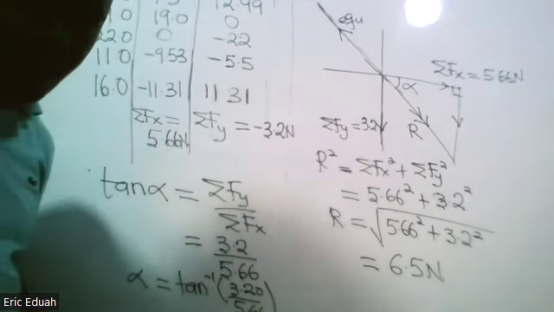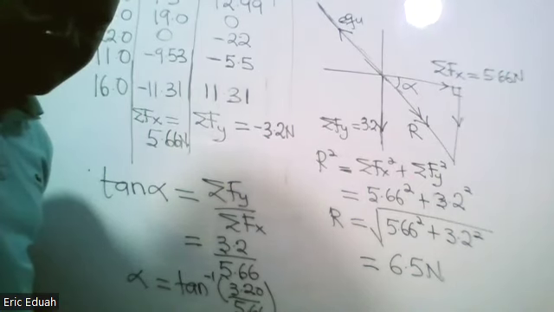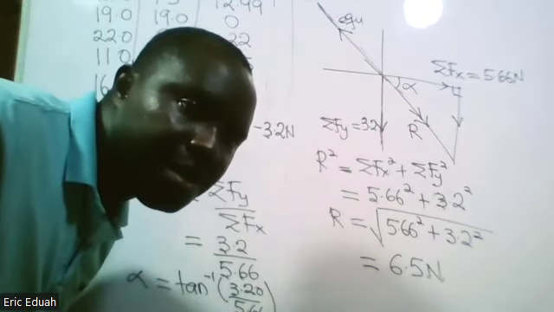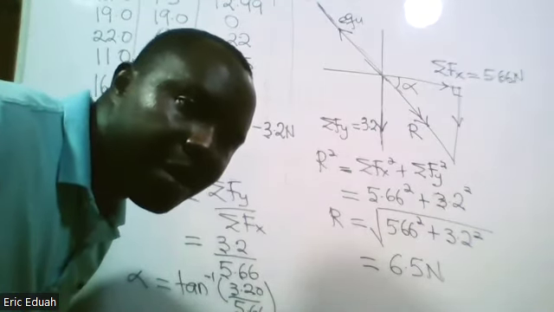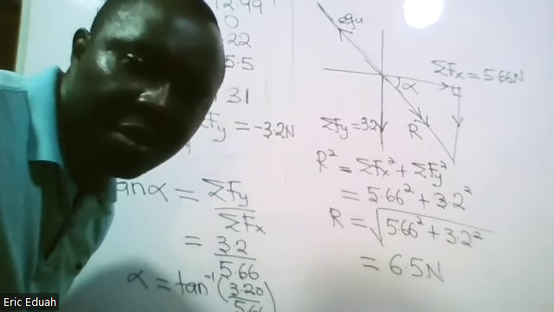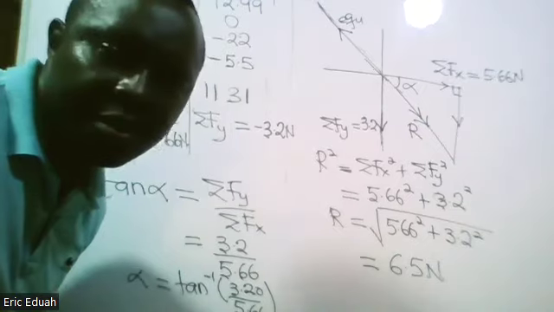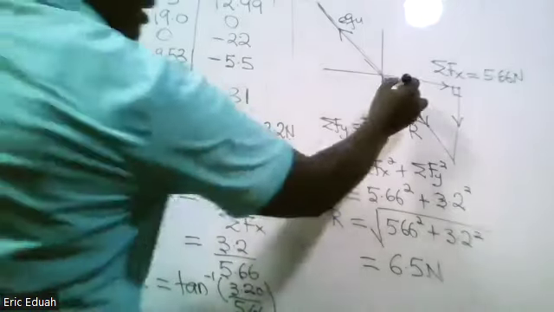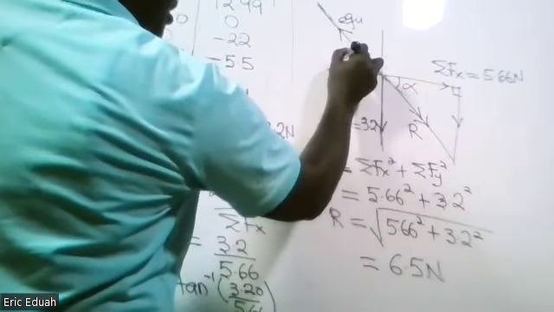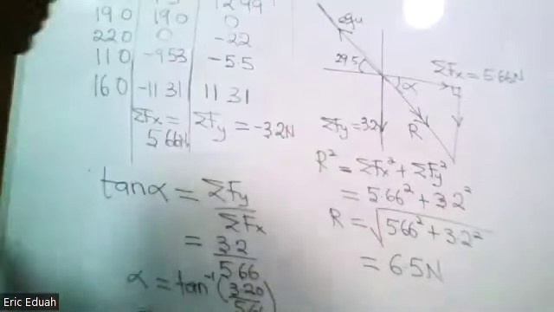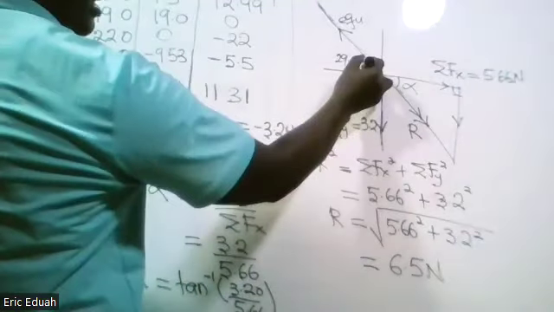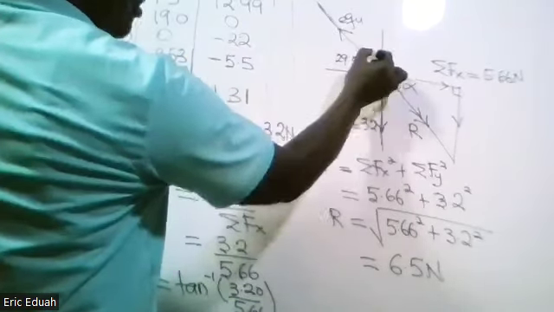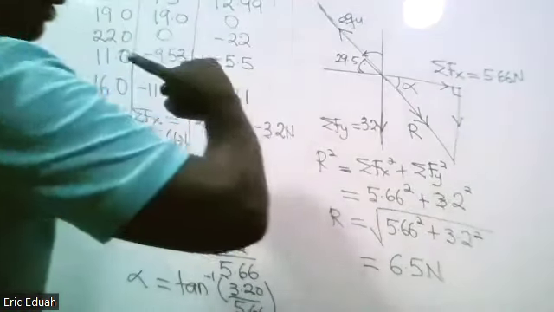Mamiya, what have you had? Okay, so this is 29.5, and when you subtract this from 90, you have the direction of the equilibrant in an anti-clockwise direction.